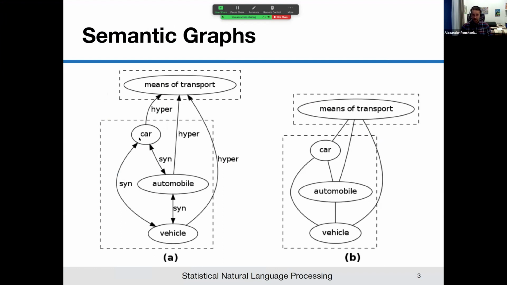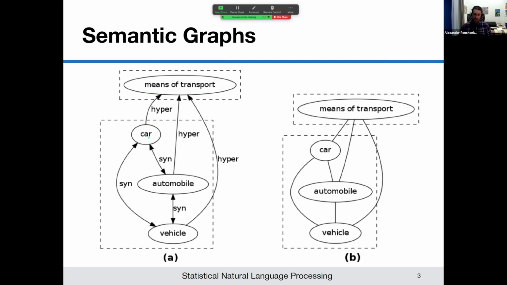In this hierarchy, also called taxonomy, a certain word is a node, and then these words are connected to their parents, which are nodes with a more general meaning.